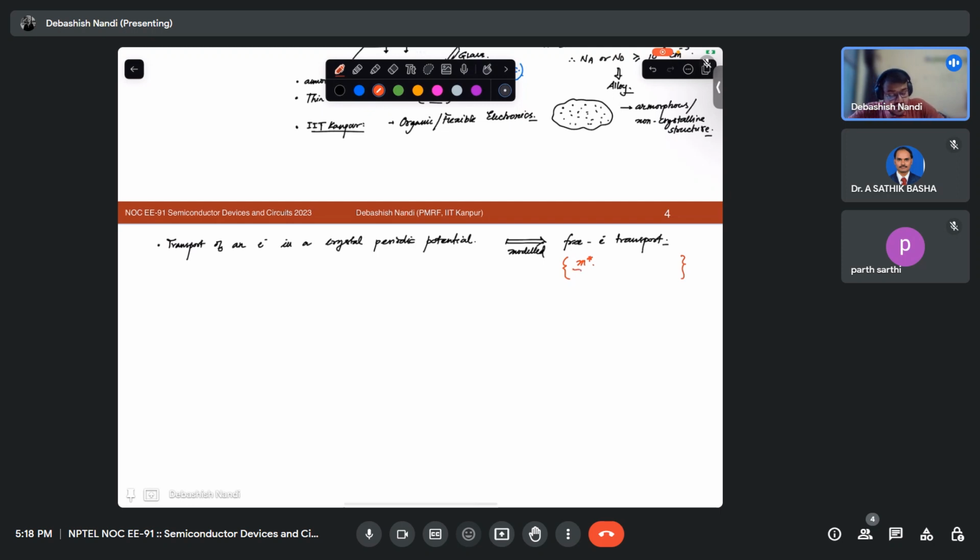So this M star, how did we find it? This comes from the band structure, right? How the bands are along the various symmetry points in the crystal. From that, you remember that M star is h bar squared over d squared E by dk squared at certain points, or the minimum energy points to be precise.